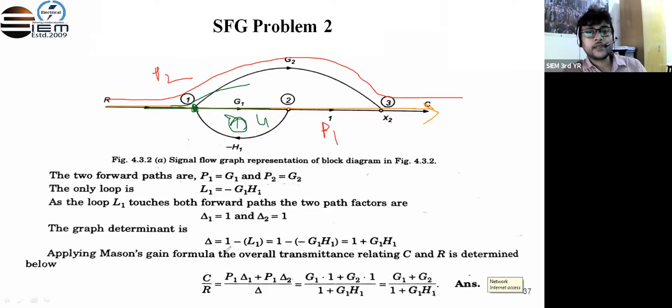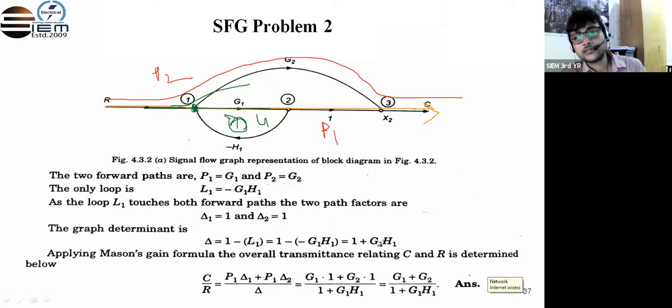And the graph determinant will be del equals to 1 minus the sum of all individual loops. Only one loop is there, so it is 1 minus of minus G1 H1. And plus the sum of products of two non-touching loops, but two loops are not possible, so the remaining part is not required.